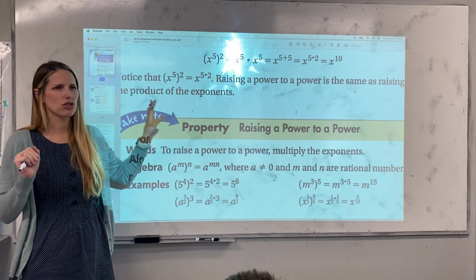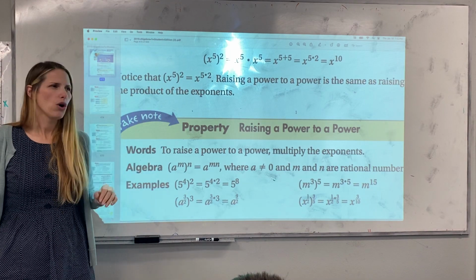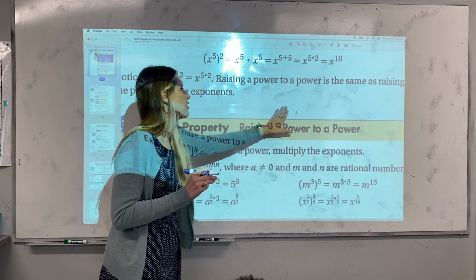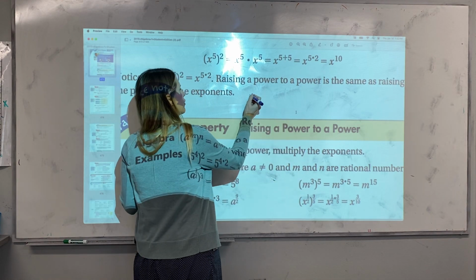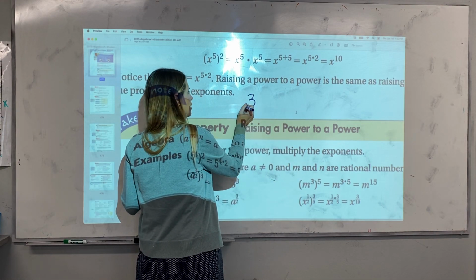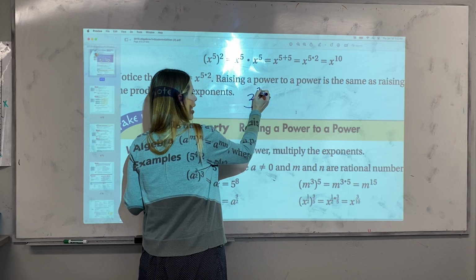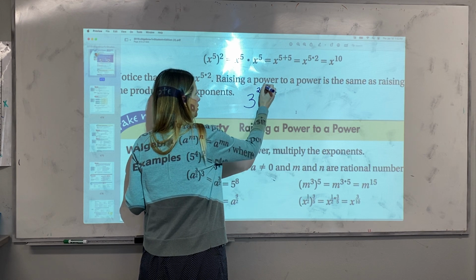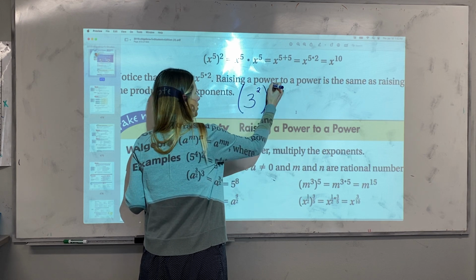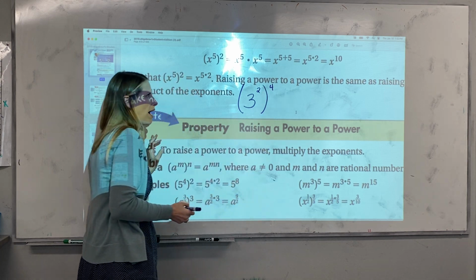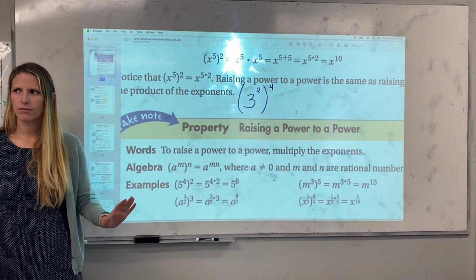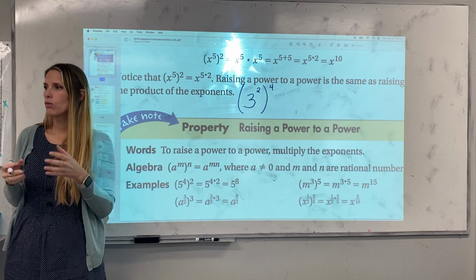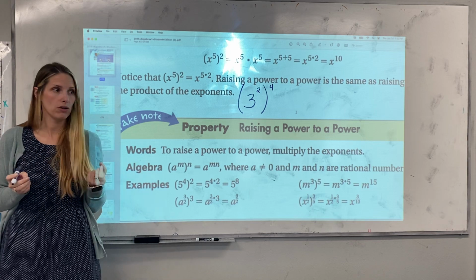I'm not crazy about this, so I'm going to give you my own example. What if we have 3 squared to the 4th power? I know you guys have already worked on these properties, so you might already know the trick.